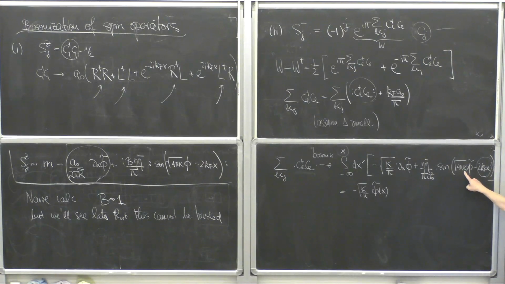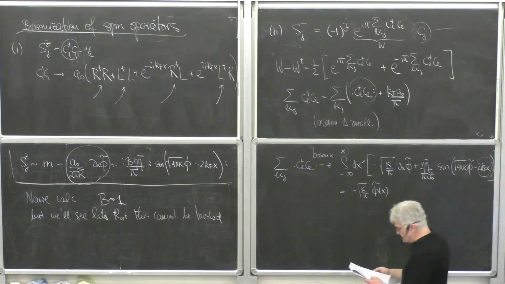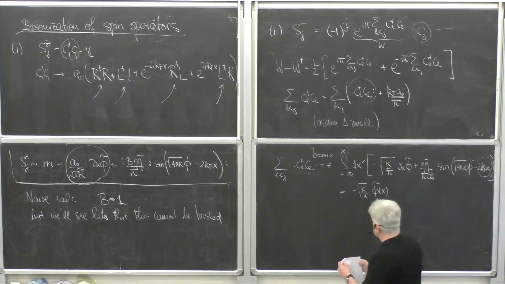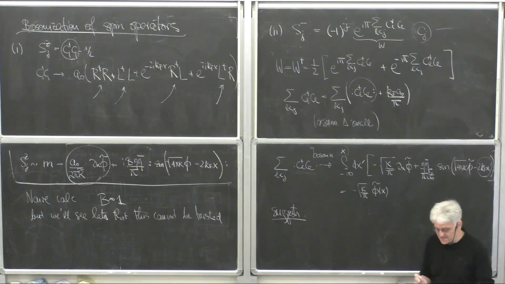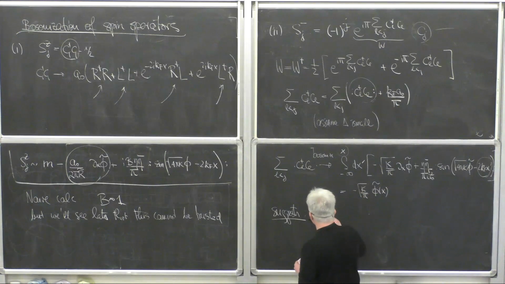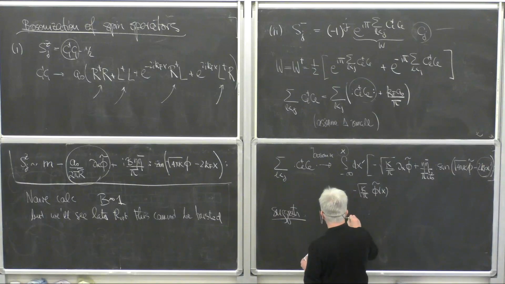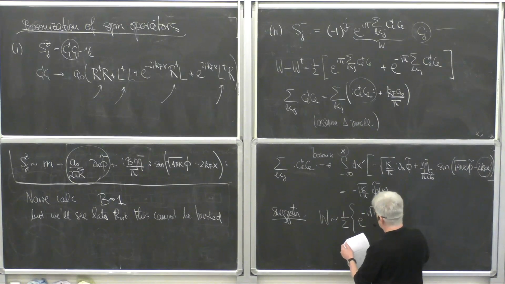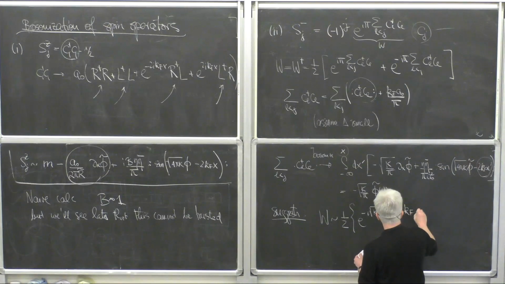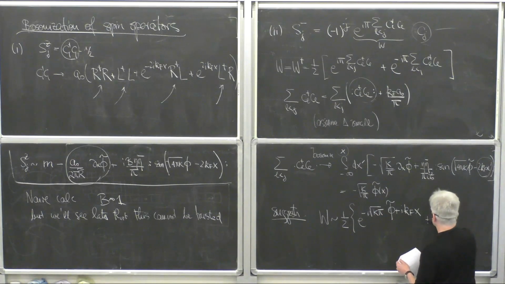Take this as an argument that suggests an answer: that W, the string operator, should be one half e to the minus i square root of k pi phi tilde plus i k_F x, plus the Hermitian conjugate.